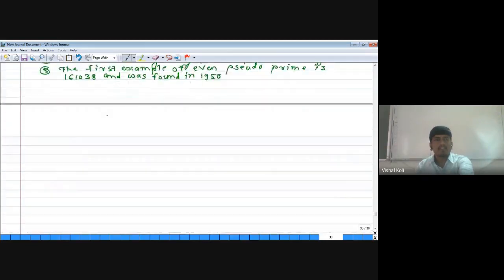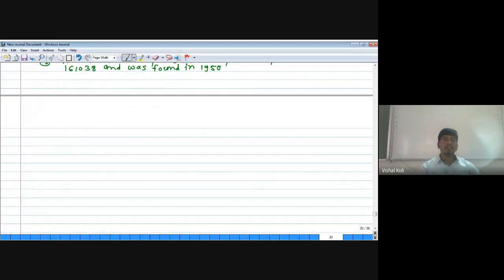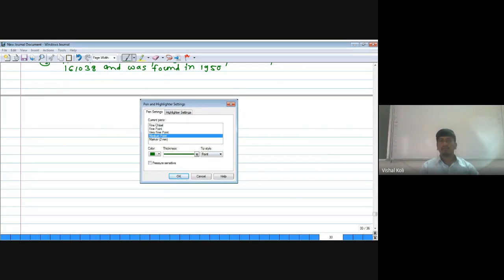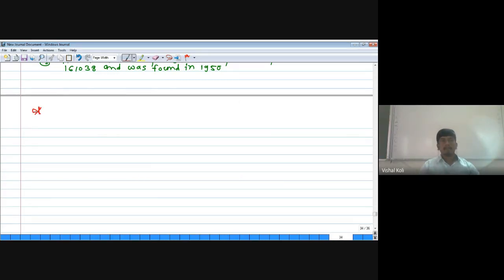Now the next definition will be an absolute pseudo prime. So we have to see what is an absolute pseudo prime.